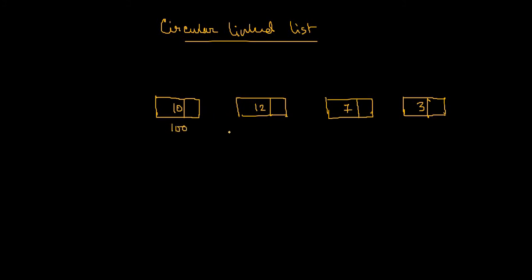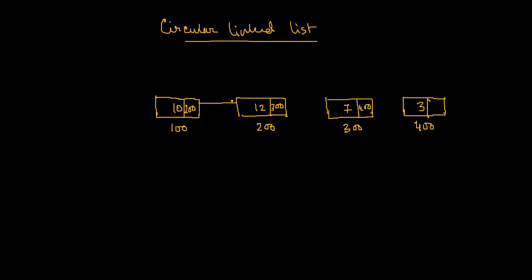So let's make it clear: 300, and suppose it is 400. If I consider it is a singly linked list, here I should have 200, here I should have 300, here I should have 400, right?